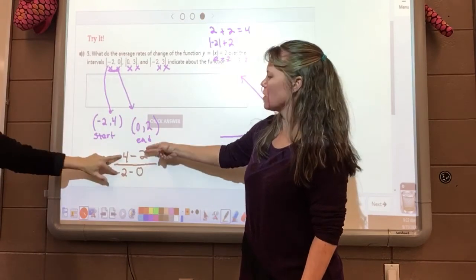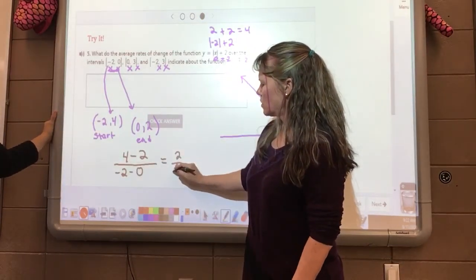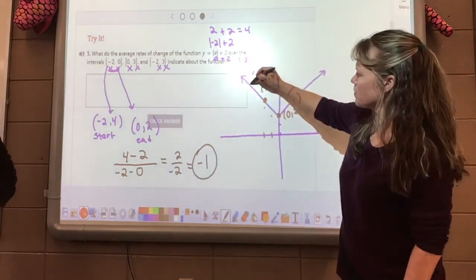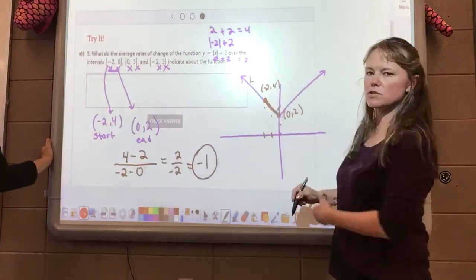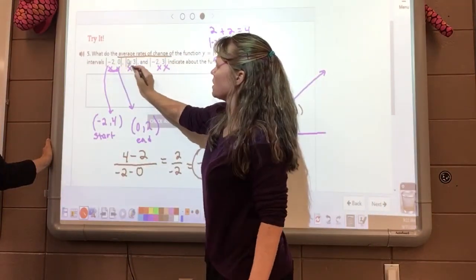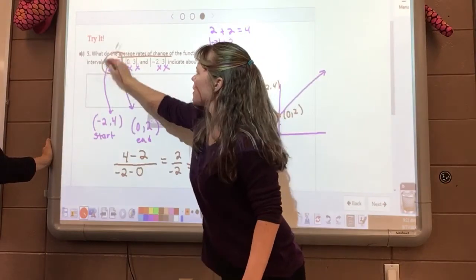So 0, 2, -2, 4. So 2 over -2 is -1. So the slope of this section, really the whole thing because it's a straight line, would be -1. So that's the average rate of change for that interval.